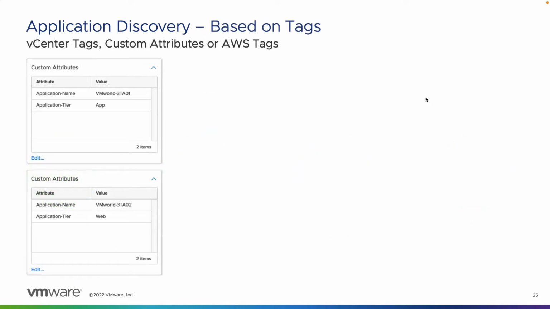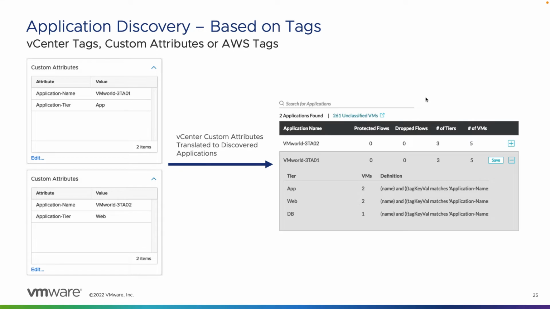So let's start off with application discovery based on tags. We can utilize vCenter tags within vRealize Network Insight, and we can do custom attributes or AWS tags also. We also support NSX tags if you're utilizing NSX tags within your environment. We can see that under the custom attributes, we have the attributes and the values that are identified.